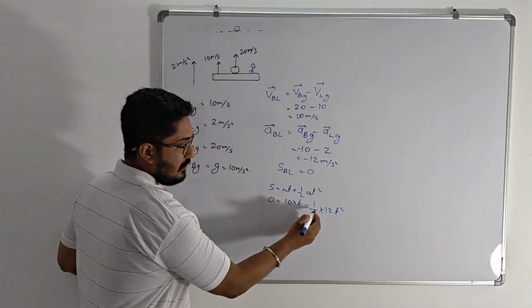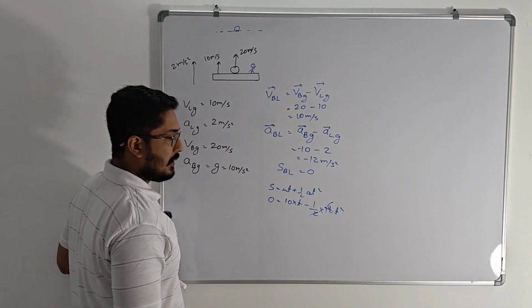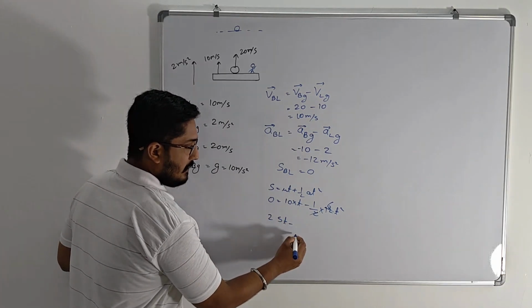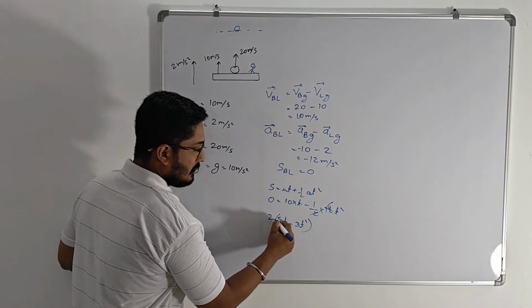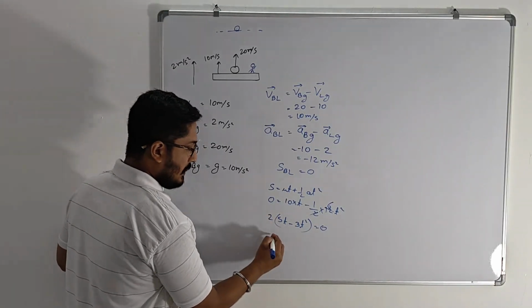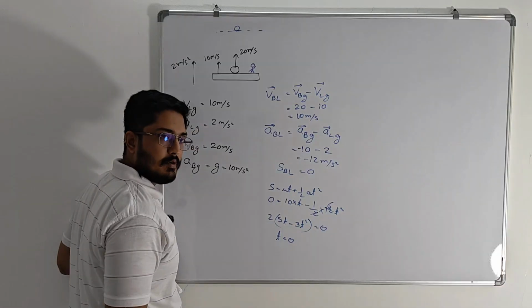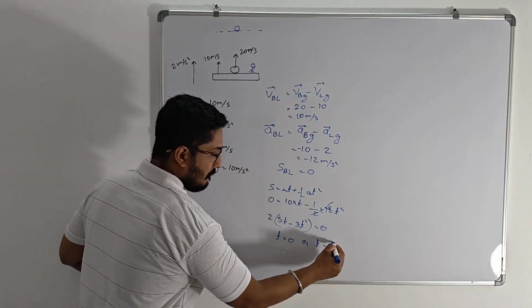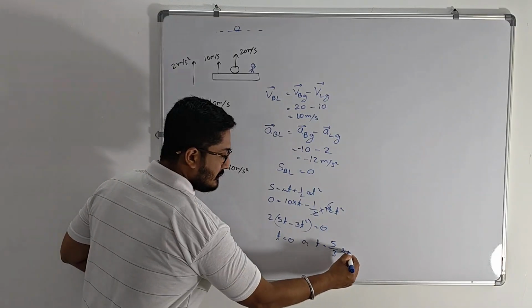This becomes 6. You can take 2 out common, so you'll be getting 2 times 5t minus 3t square equal to 0. This is the equation. From here I can get 2 values. One is t equal to 0, or t is equal to 5 by 3 seconds.